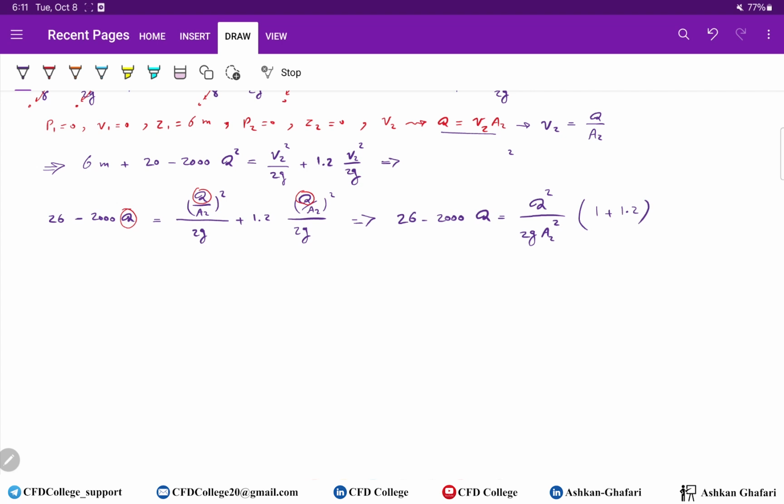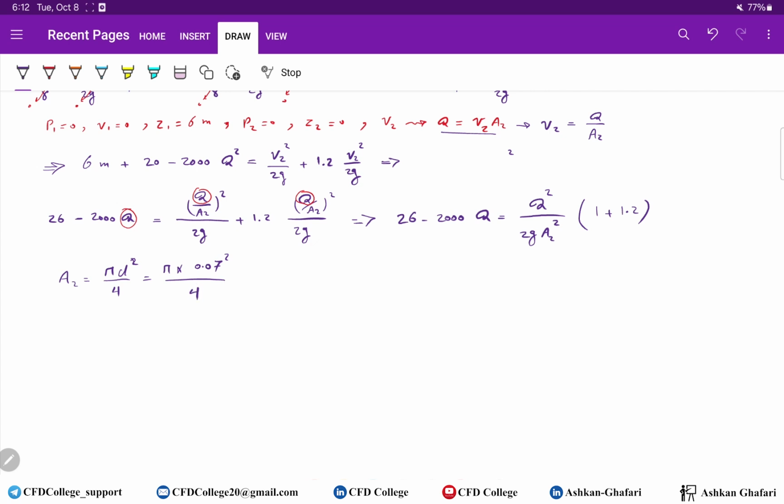And now we can solve it, because as you know, A2 equals pi d square over 4, pi times 0.07 square over 4.